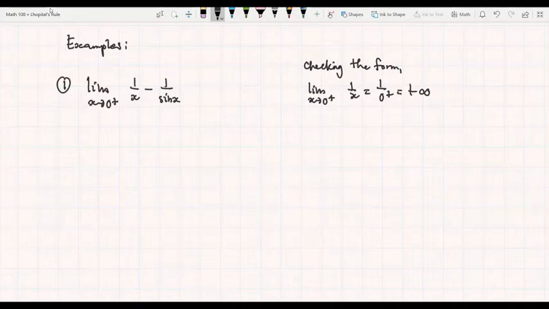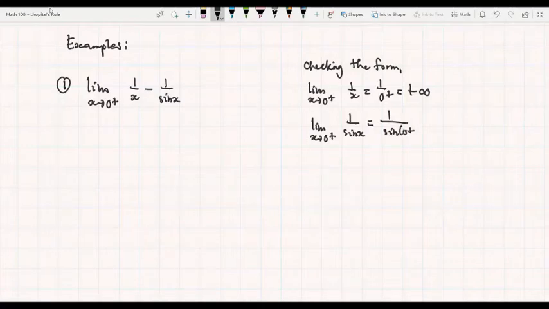And then for the other term, we have the limit as x goes from the right of 0 of 1 over sine x. So this is 1 over sine of 0 plus. So the problem now is, again, sine 0 is 0. So, is this 0 plus or 0 minus?